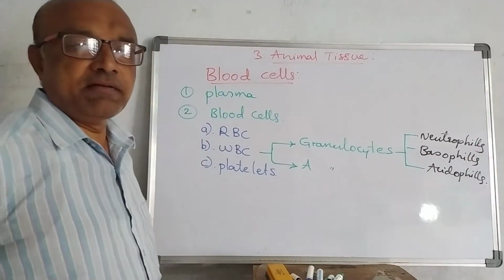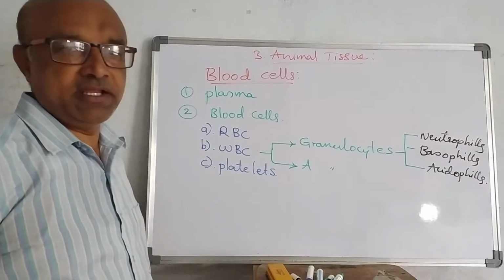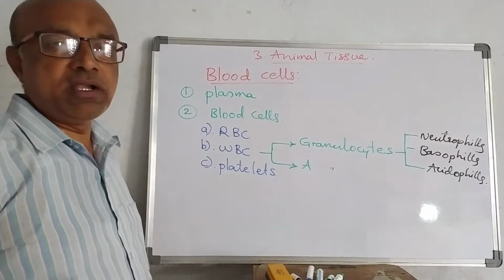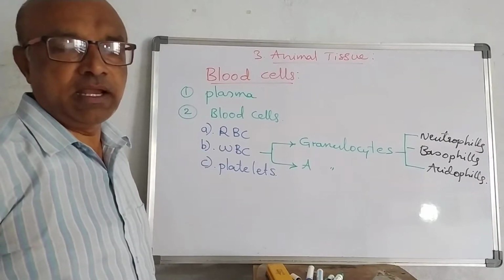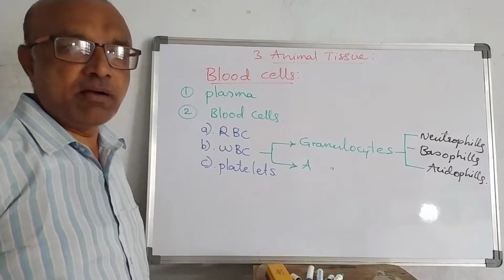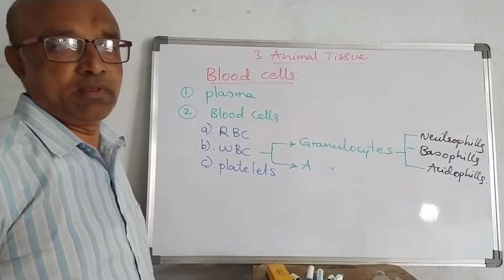Neutrophils are the first line of defense in our body. Whenever a germ particle or a microorganism enters our body and causes harm, they are killed.